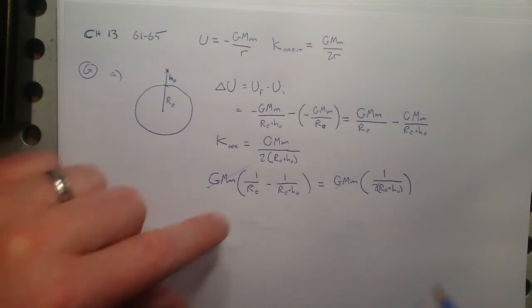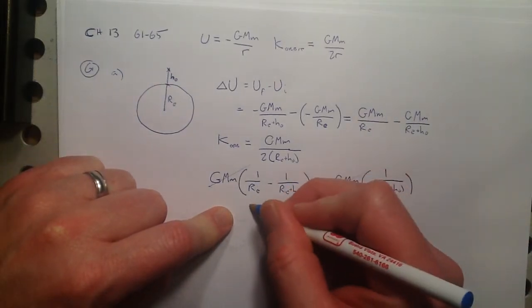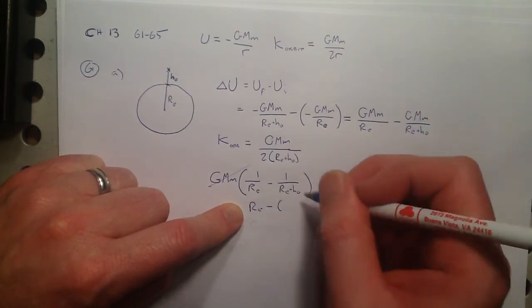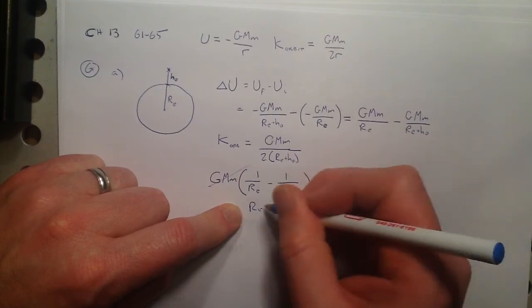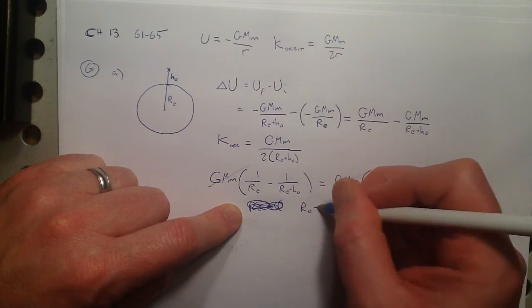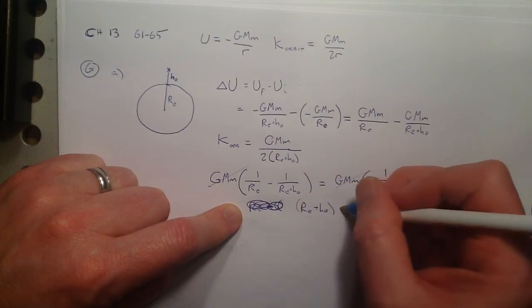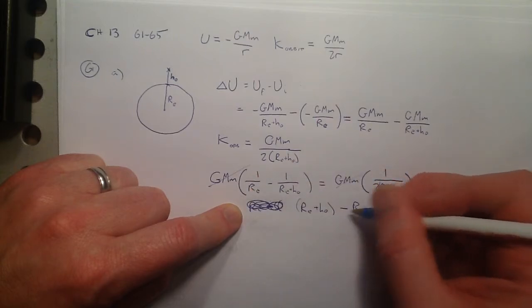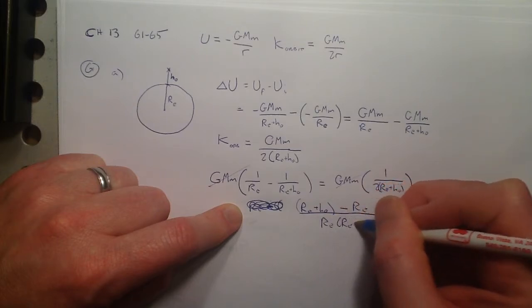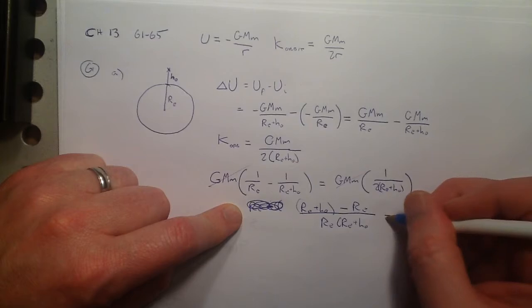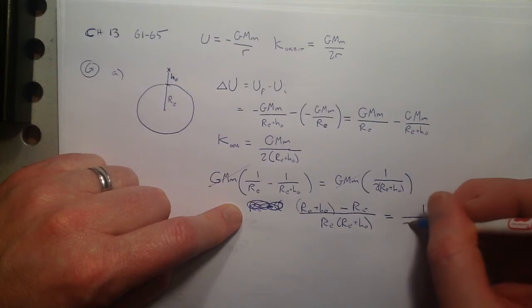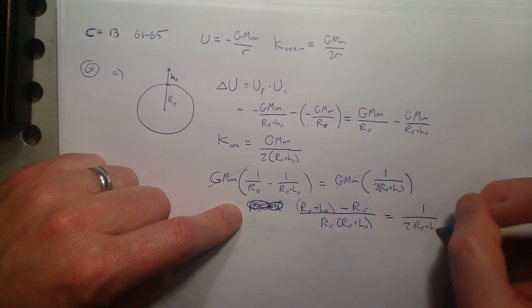So I guess I better get a common denominator. Here, I have R E plus h sub 0 minus R E over the common denominator, which is R E times R E plus h sub 0, equals 1 over 2 times R E plus h sub 0.